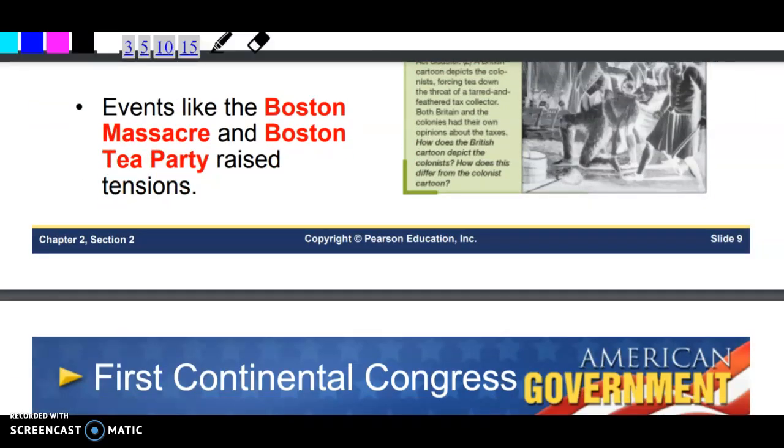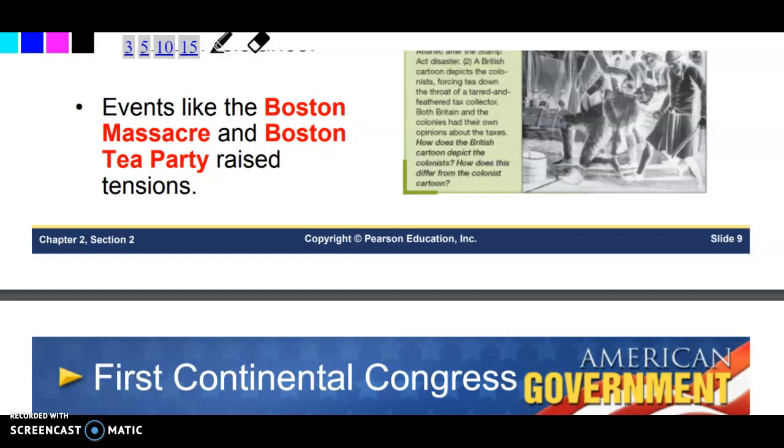Some famous events that you've probably heard of in your history classes before, the Boston Massacre and the Boston Tea Party, continued to raise the tensions between the colonists and Britain.